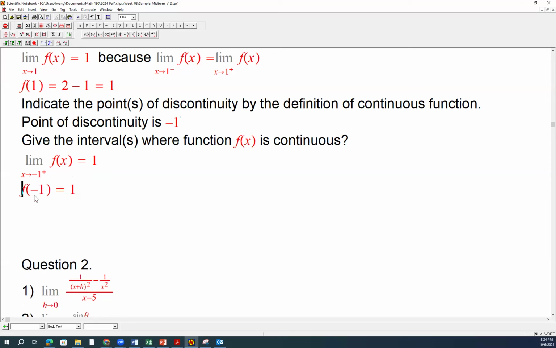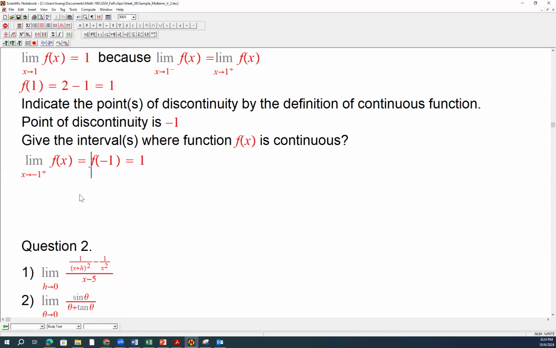You can see as x approaches -1 from larger, the value is equal to f of -1, which equals 1. So this means f of x is right continuous at -1.